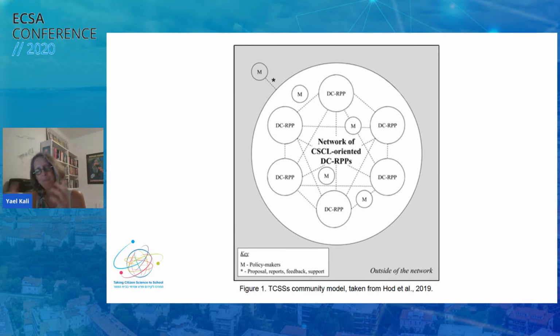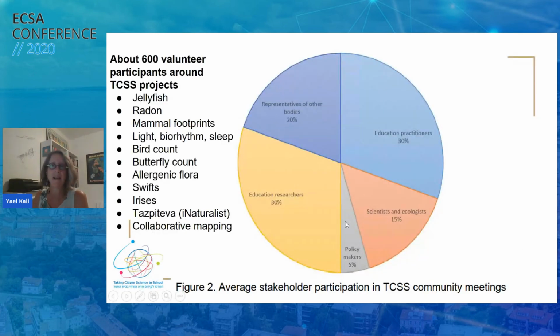And also, there is a lot of social boundary crossing that needs to happen, which is not that easy to do. But the initial findings are actually, the proof is in the pudding. Our network includes today about 600 volunteers.